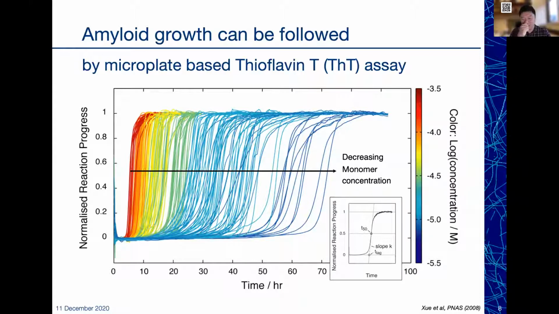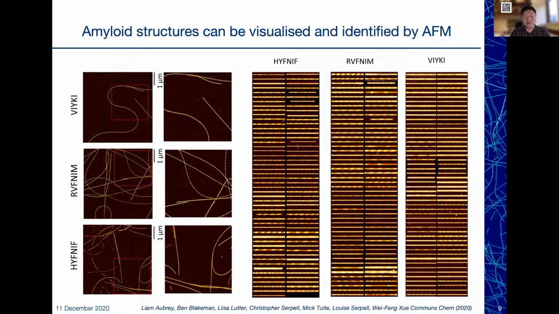Then you get these sigmoidal shaped curves, like what I talked about. So these are nucleated assembly reactions, and this reaction is highly monomer concentration dependent. The larger the amount of monomers in the solution, the quicker the amyloid fibrils will assemble.